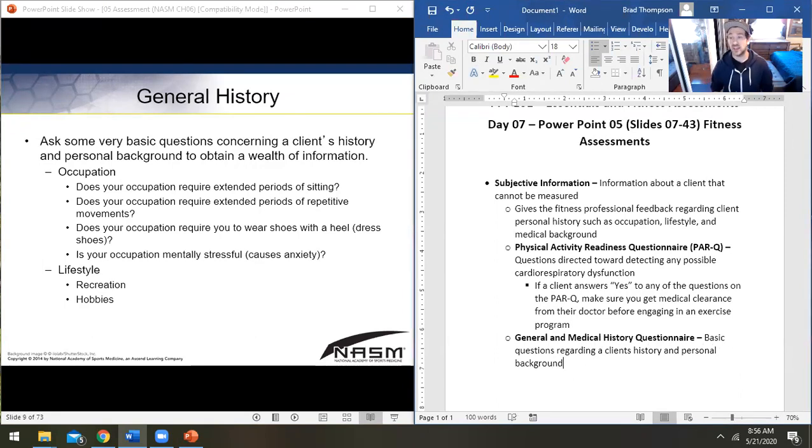So things like their occupation, right? There's a reason we're going to ask, does your occupation require extended periods of sitting? Why do you think that would be so important? What do you guys think?